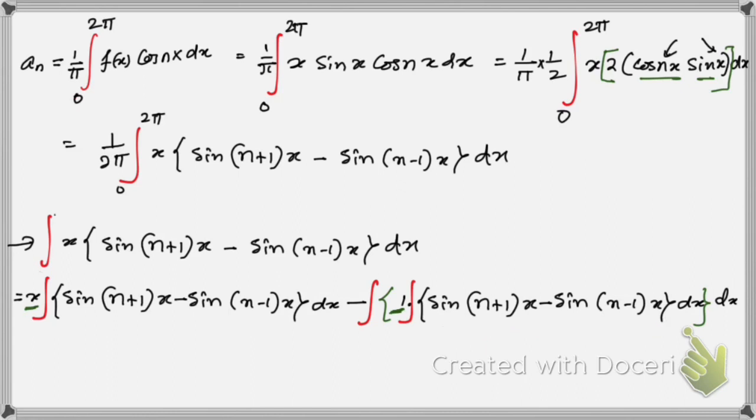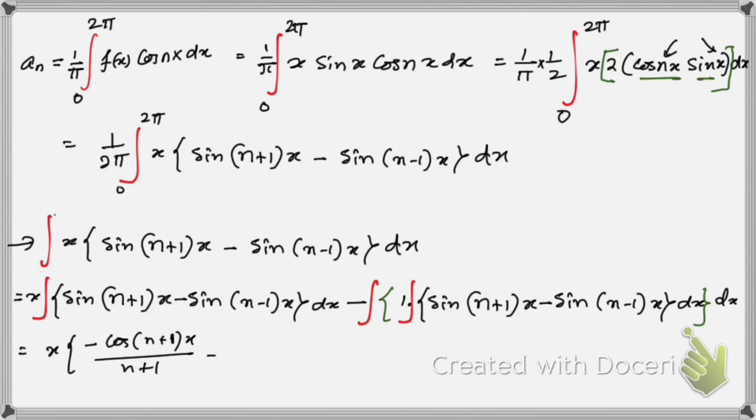Now what we can do here, you can see. So integration of sine n plus 1 x is going to be, let me write here, minus cos n plus 1 into x by n plus 1, right?